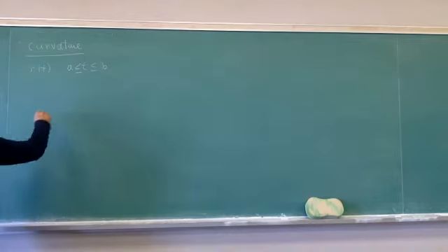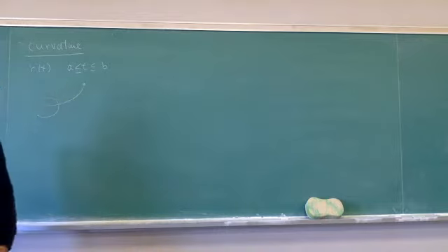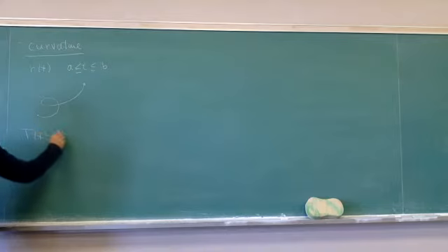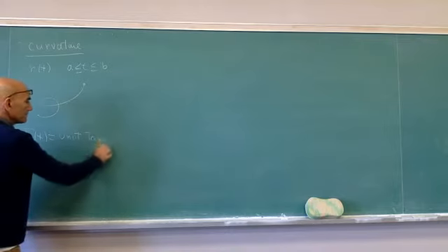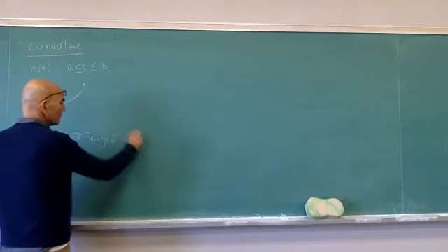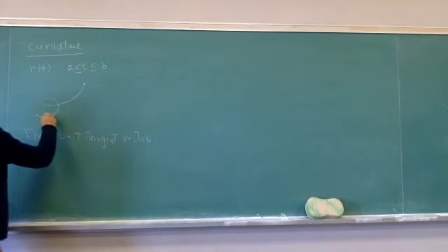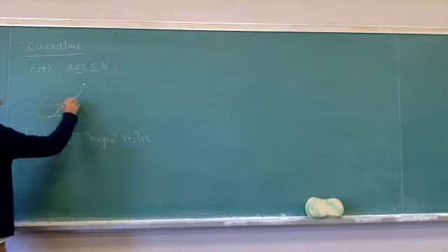One of them that you remember was the unit tangent vector, T of t. At each point, it was in the direction of the velocity, but it had length 1. It's normalized to length 1.